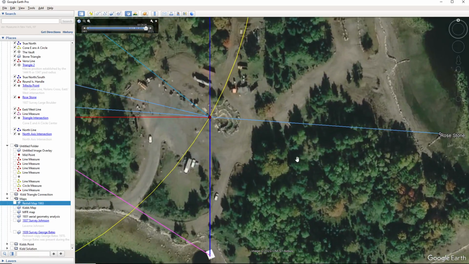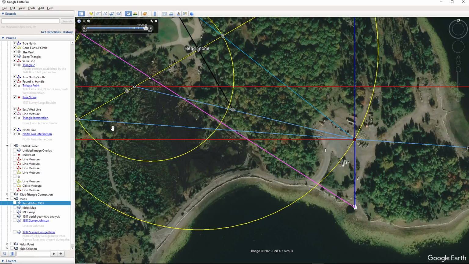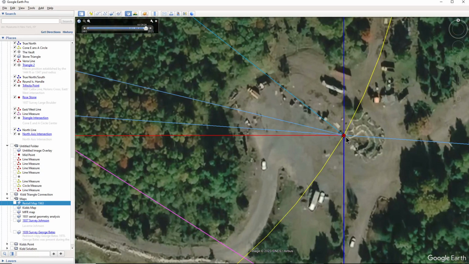This is where I draw the line from cone E. And this intersection right here is a 90-degree angle.